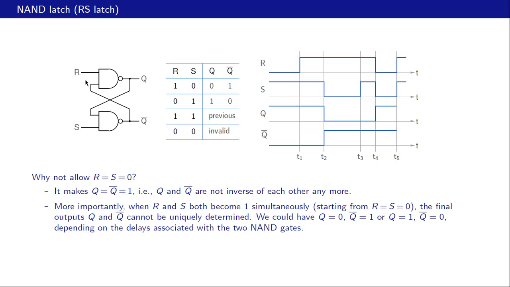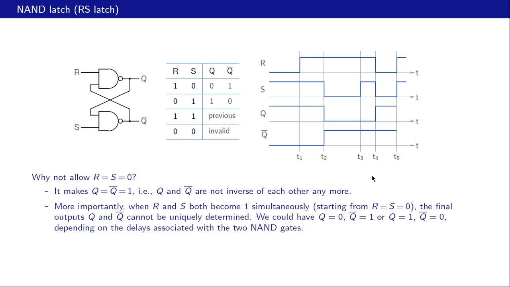Now when R becomes equal to 0, the output of this NAND gate becomes 1, no matter what the other input is. And similarly, the output of this NAND gate also becomes equal to 1 if S becomes equal to 0. So then we have Q equal to 1 and Q bar equal to 1. And that is what is shown over here. Q is equal to 1, Q bar is equal to 1.